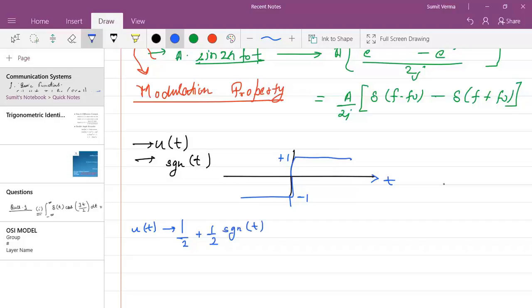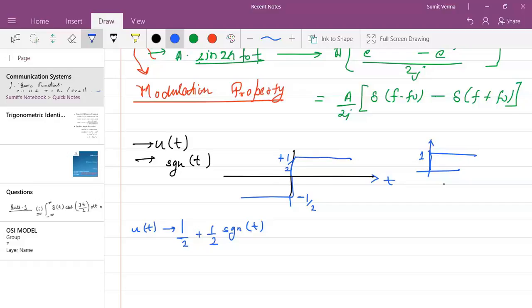If I multiply with this half, the value becomes minus half and half, and then I am shifting it up by half. So this again comes to be the unit step function. This is how we express the unit step function in terms of the signum function.